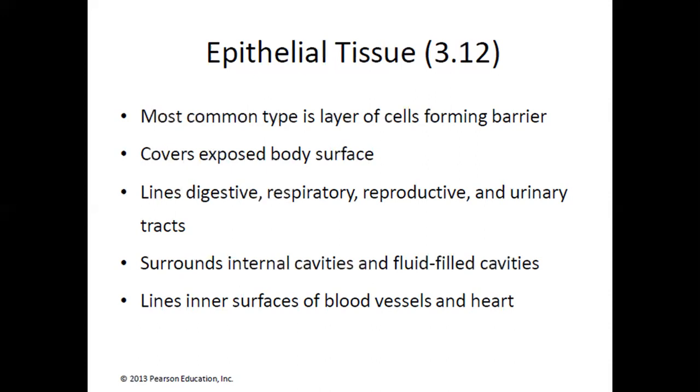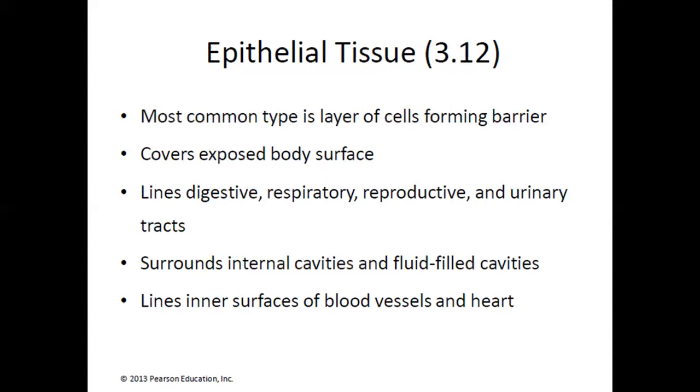Organs of the digestive system, like the small and the large intestine, are lined in their innermost layer by epithelial tissue. Same thing with respiratory organs and reproductive and urinary tract organs, like the urethra or the urinary bladder, which are lined in their innermost portions by epithelial tissue.